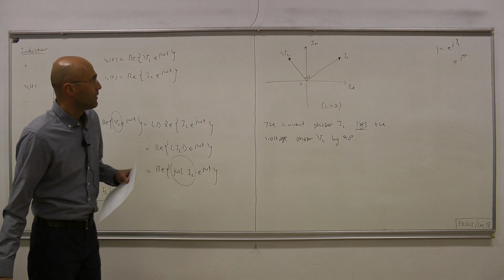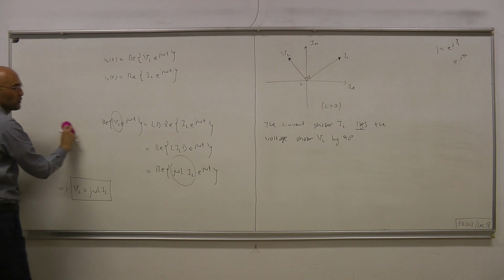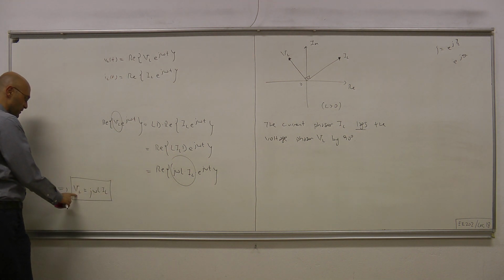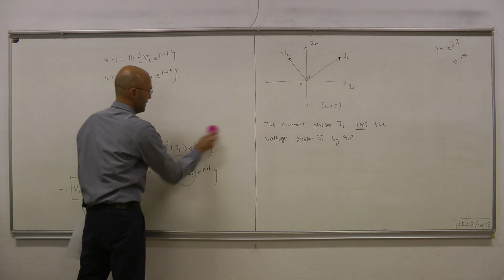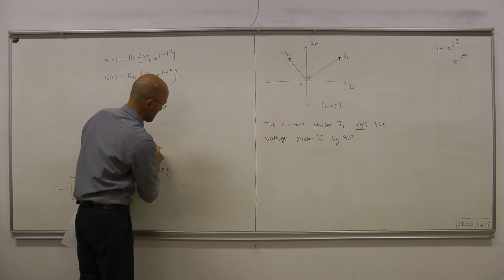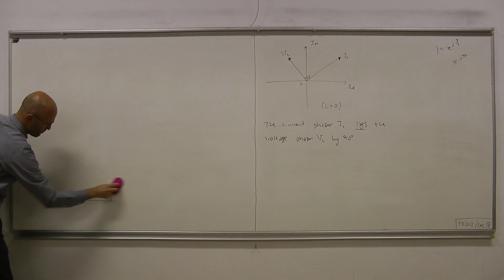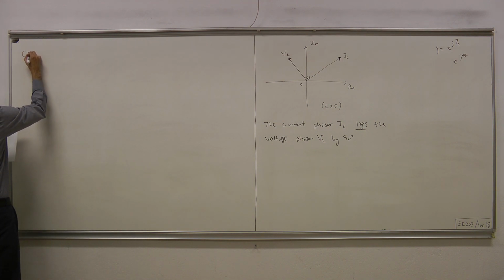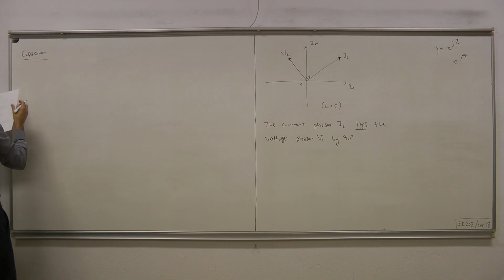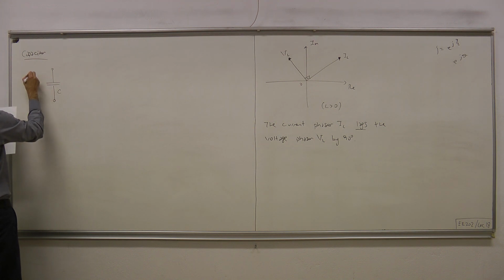Okay, let's talk about the capacitor also. We don't have to go much into the detail because it's a dual component, and what we expect is IC equals j omega C VC. Okay, replace the inductance by capacitance, voltage by current, and current by voltage. So for the capacitor, we have this plus minus VC(t).